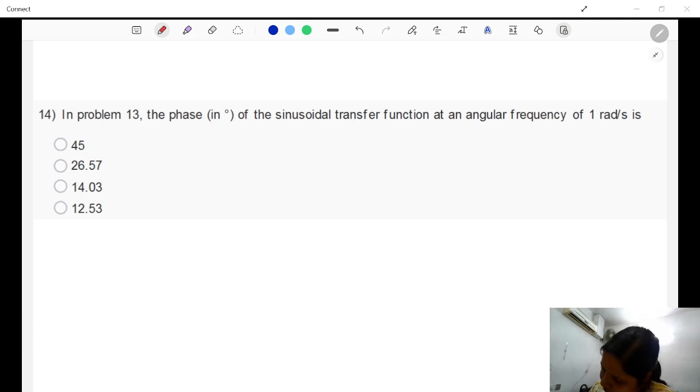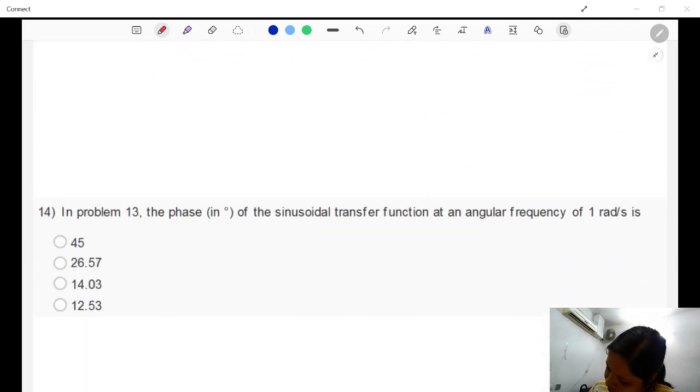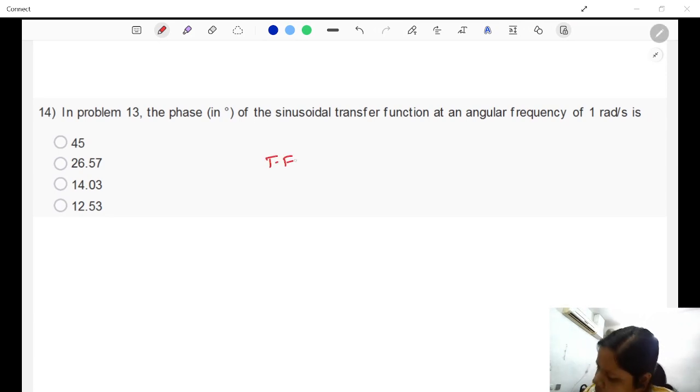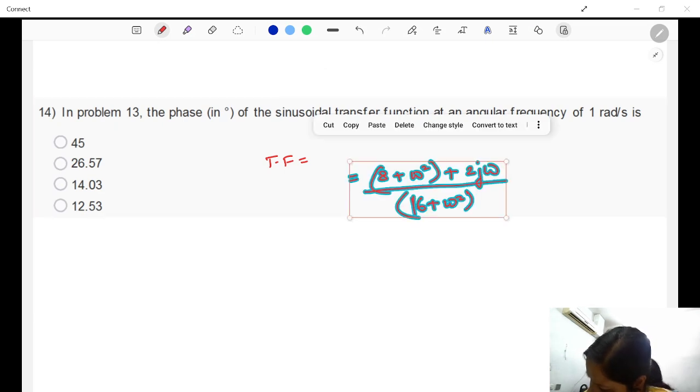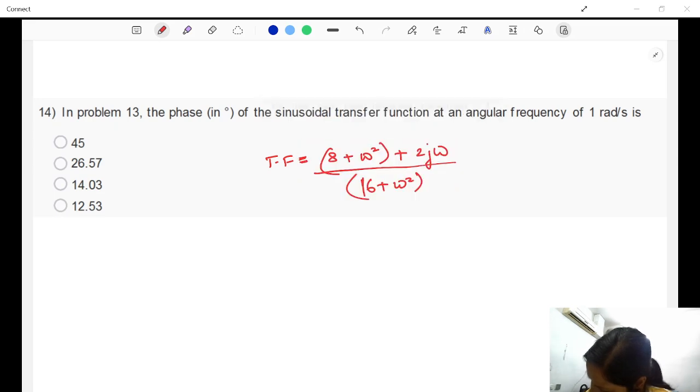So my transfer function was this, right? Now, if I want to find the phase, then what I'll do?